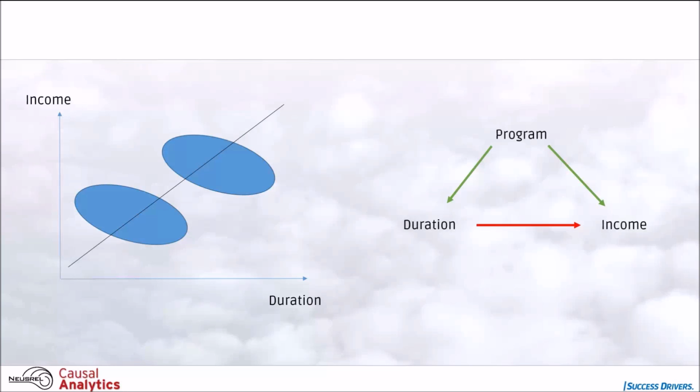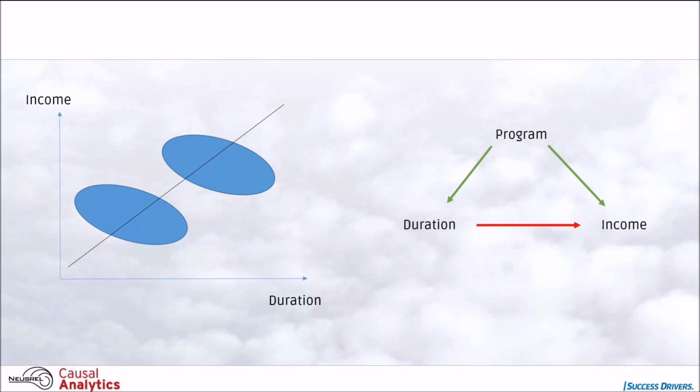So among one program, indeed, the causal relationship is negative. The longer the duration, the income is decreased, right? So once we know the third factor, once we include this factor in the model, it will reveal the right causal direction.